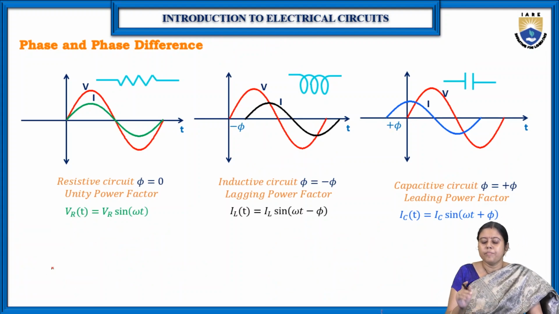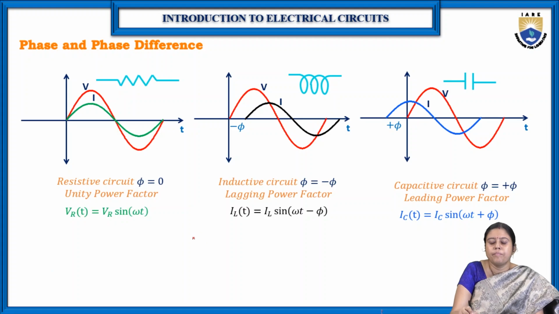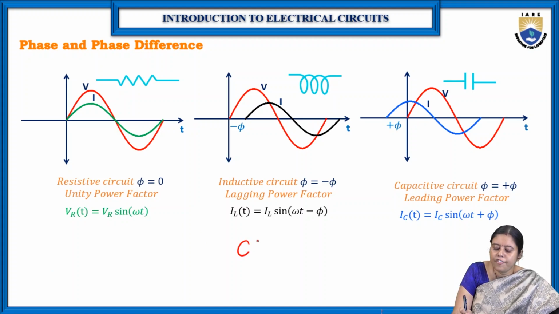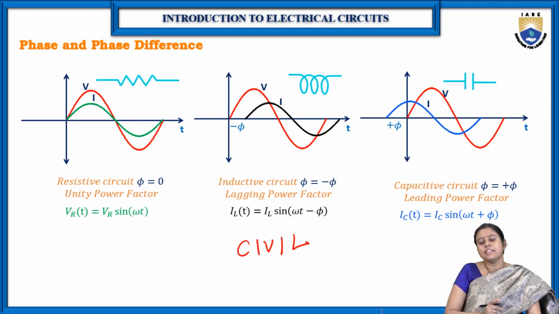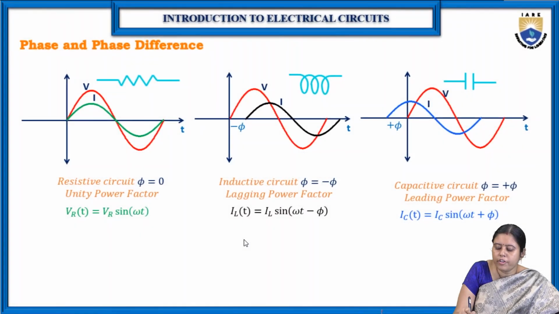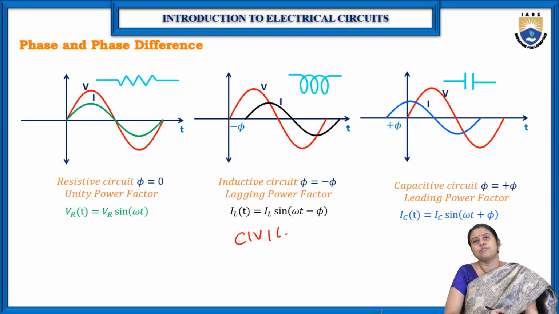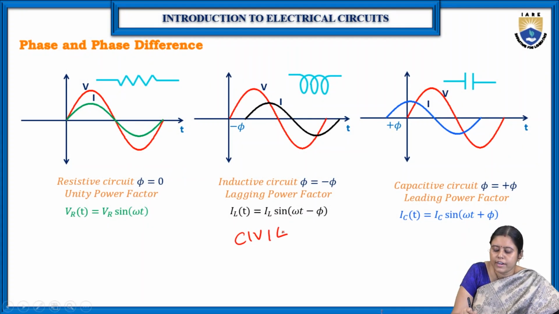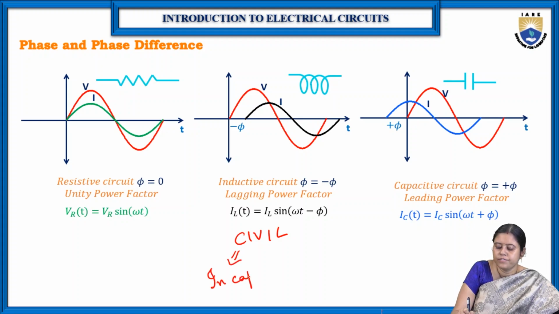Now, one important thing here we have to discuss. We can remember it using the CIVIL rule. What is the CIVIL rule? C means capacitor.